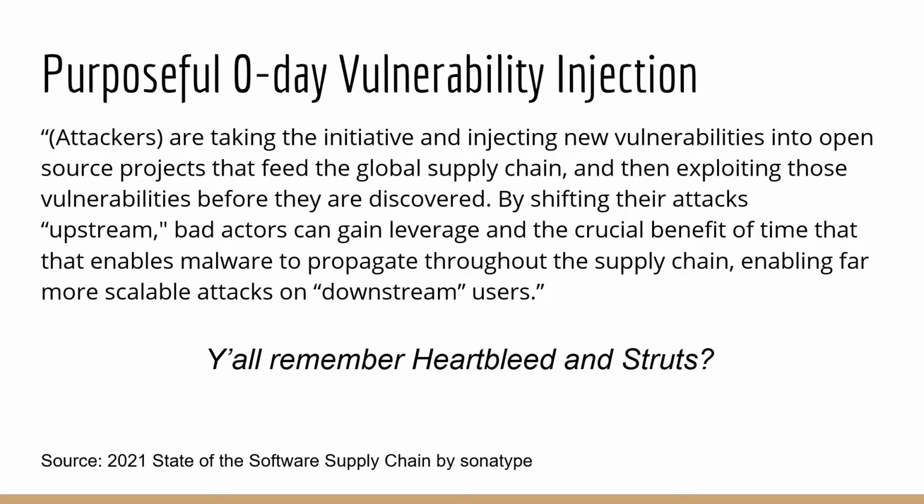So this is a very scary thing. You all remember Heartbleed and Struts. That was a vulnerability that affected thousands and thousands of organizations, and it was a big cleanup. Now, I have no evidence that either Heartbleed or Struts were maliciously injected. I'm not saying that, but they are great examples of how a single vulnerability can affect thousands of downstream applications that depend on it.